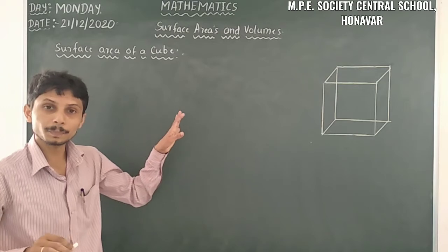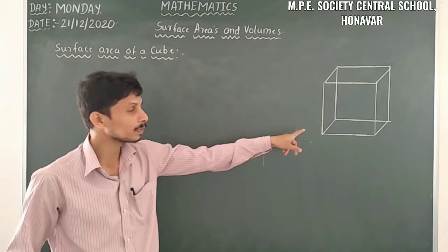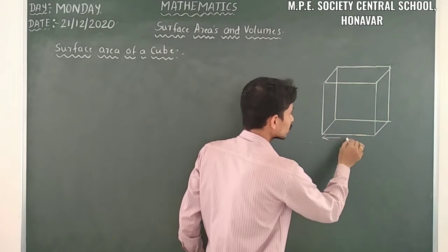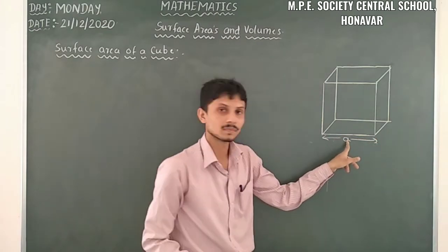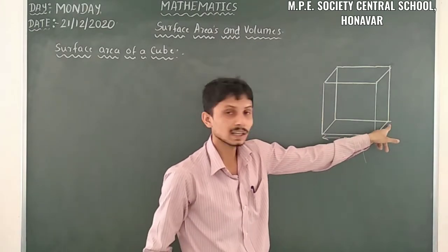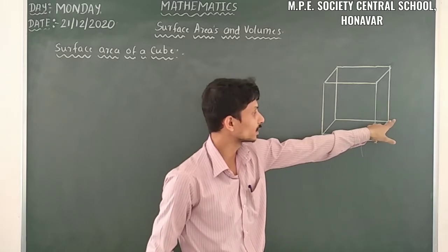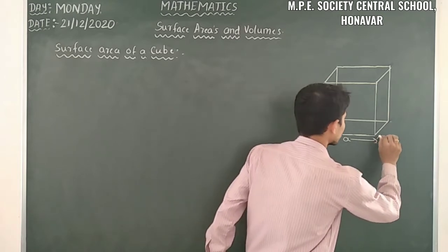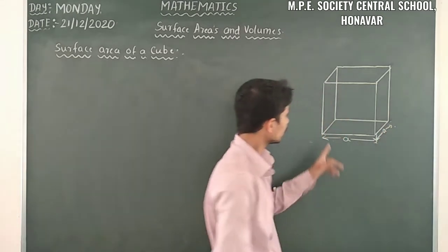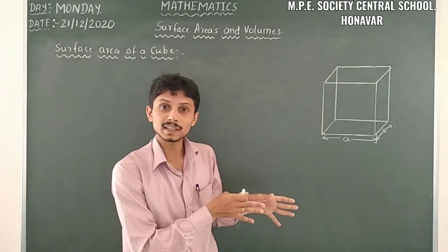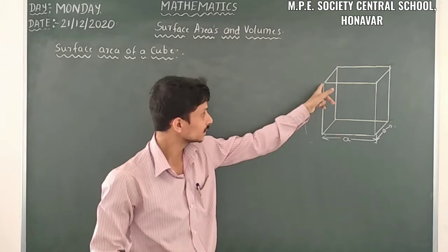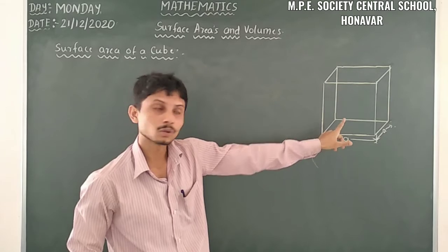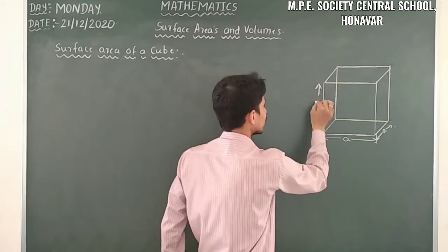Here the L, the length, we can take as A. And here we take the same for B, that is the breadth of this cuboid, which is also A. And in the previous case of the cuboid, we considered this as the height. This distance is also the same in the case of a cube, that is A.